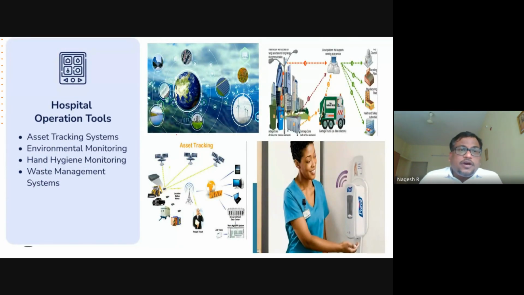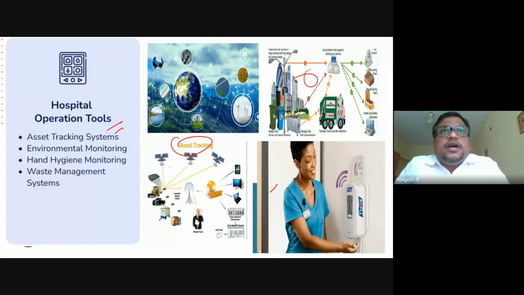The IoT operation tools at the hospital level include asset management, asset tracking, hygiene management, and waste management. I would like to speak about asset management and waste management. Asset management is like this: it can be any hospital for that matter.